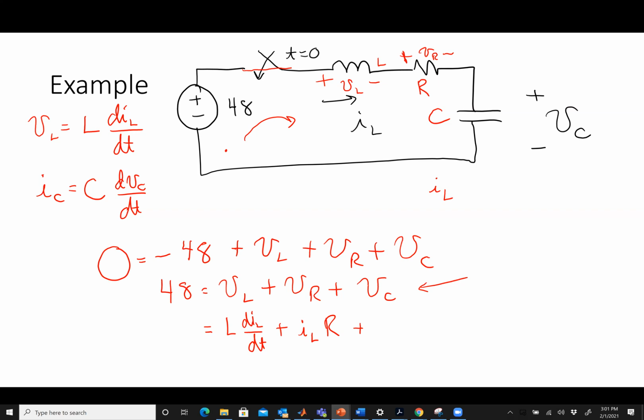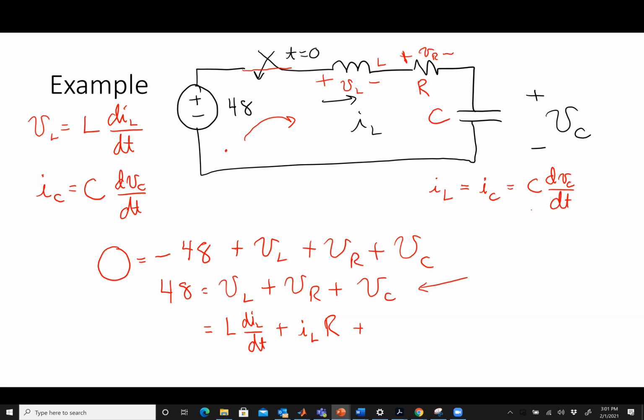Okay, all right. So basically, whoever that was has the right idea, right? So what do I know about I sub L and I sub C in this circuit? They're the same. They have to be the same, all right? And I sub C equals C dVc by dt.